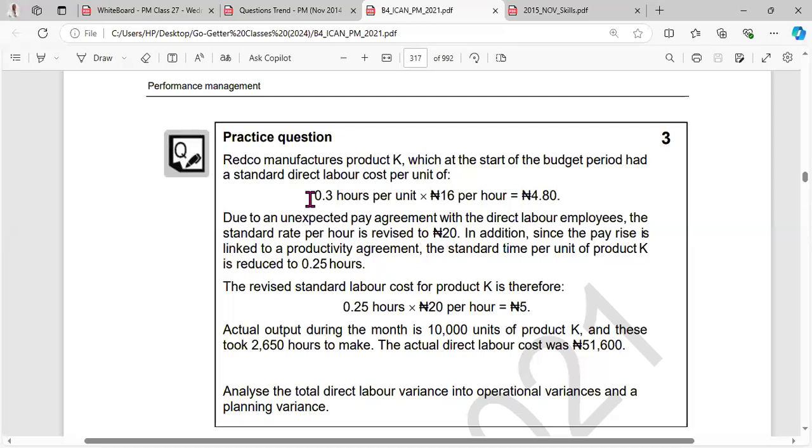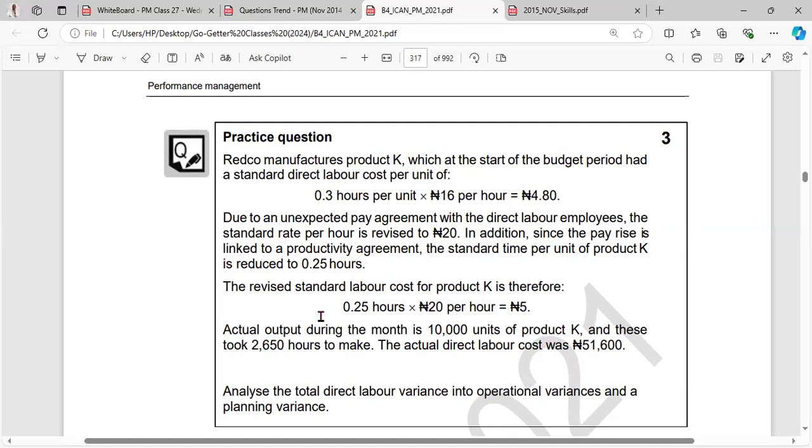The number of hours, we have not heard about it. In addition, since the pay rise is linked to a productivity agreement, the standard time per unit of product K is reduced to 0.25 hours. So this has also changed. Now, the revised standard labor cost for product K is therefore 0.25 hours times 20 naira per hour, which gives us 5 naira.